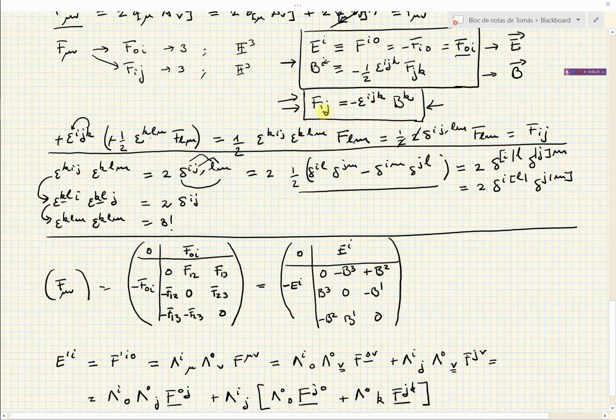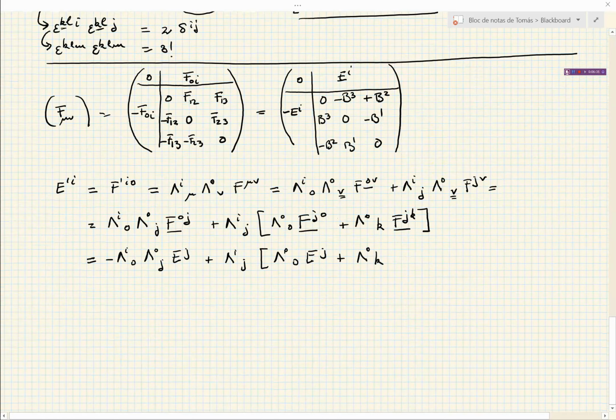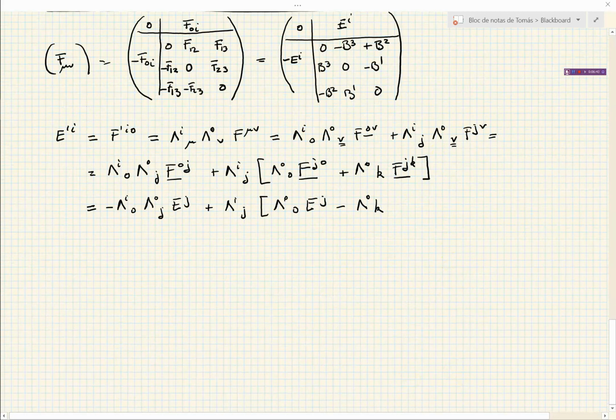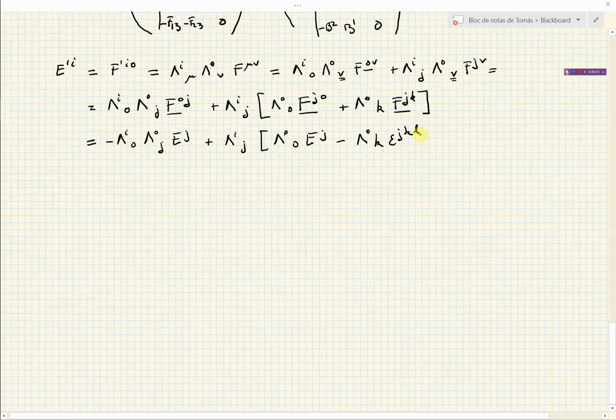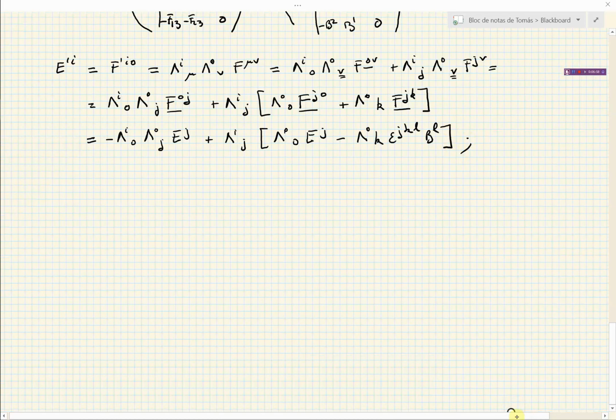If I raise the indices i j, both indices, then I don't get any signs, because I get a sign for each spatial index. So this is a minus epsilon j k, and then I need a third index, l, for instance, l B l. Okay, this is the first part of the calculation.